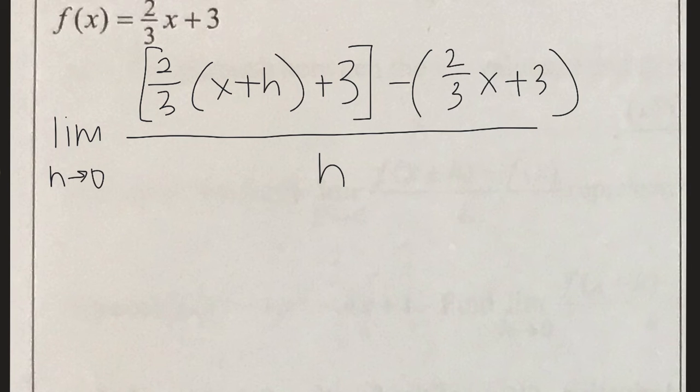Okay, so the first thing we have to do is some distribution. So 2/3 times x and 2/3 times h. Why do we add that minus 2? Because that's f of x, the formula.